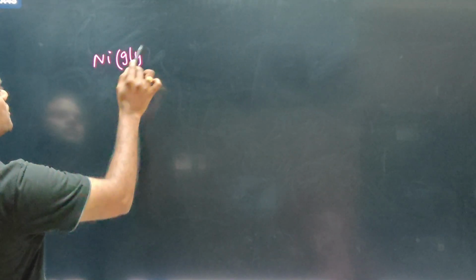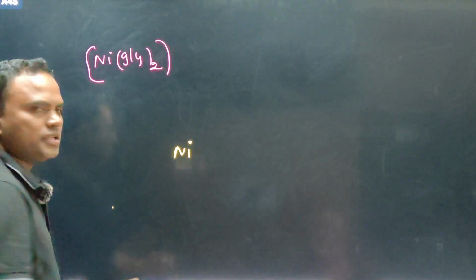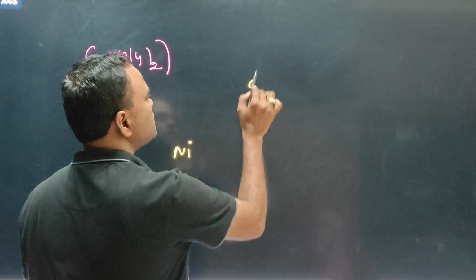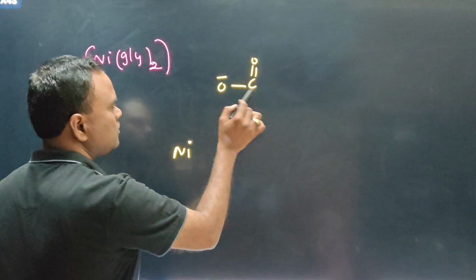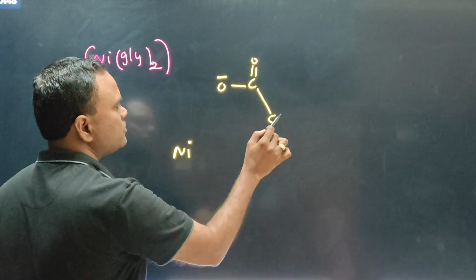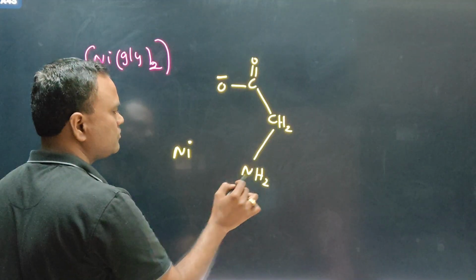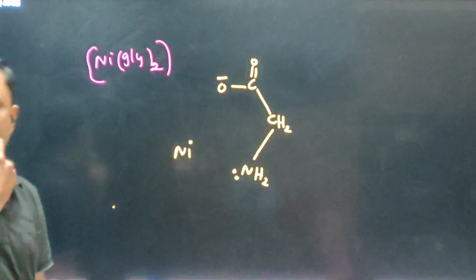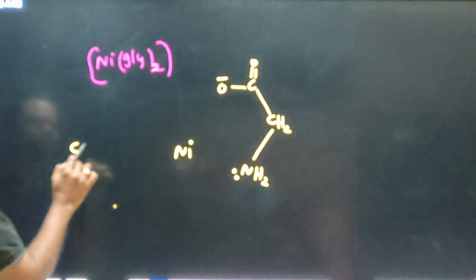Next example. Nickel GLY taken twice. What are the donor atoms in glycinato? Oxygen and nitrogen. This is the glycinato structure. 2 glycinato units are there.